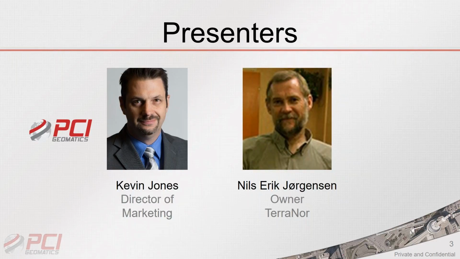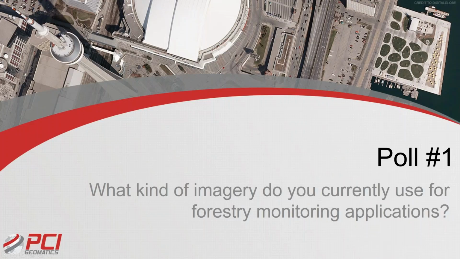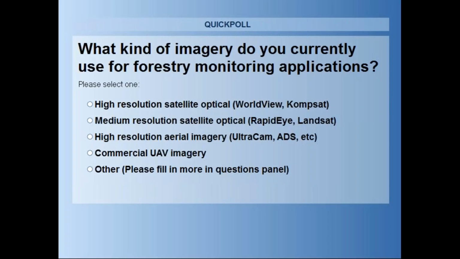What we'll start with is a short poll, actually. So we always like to know who's joining us for these webinars and what your interest is. So the first poll that we are trying to get a sense of the audience is what kind of imagery are you currently using for forestry monitoring applications? Do you currently use high-resolution satellite imagery, optical? Is it medium resolution? Is it high-resolution aerial as opposed to satellite?